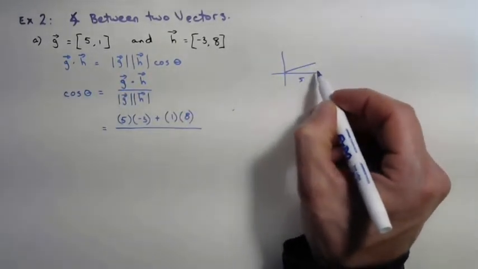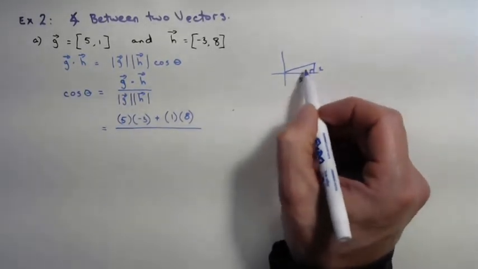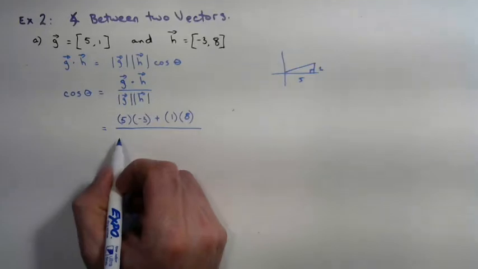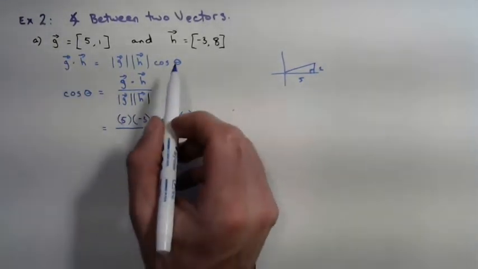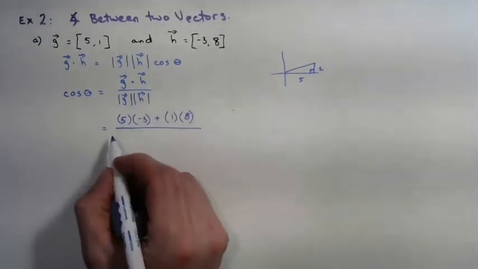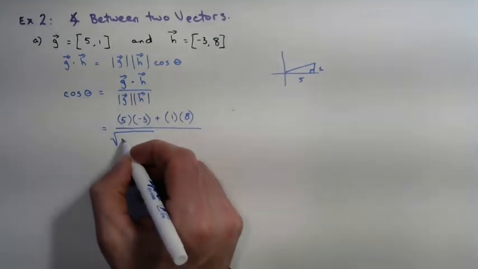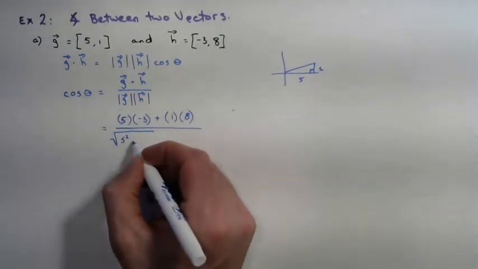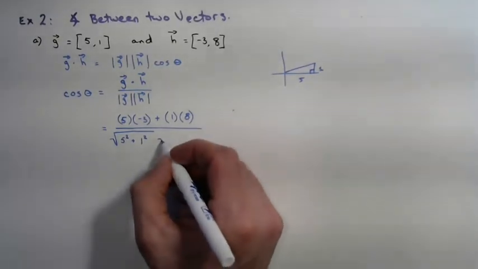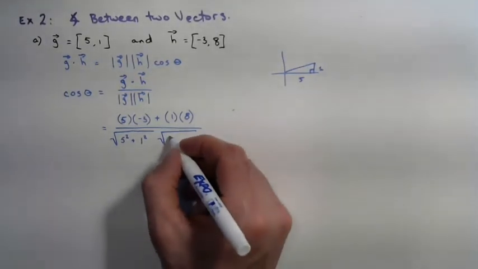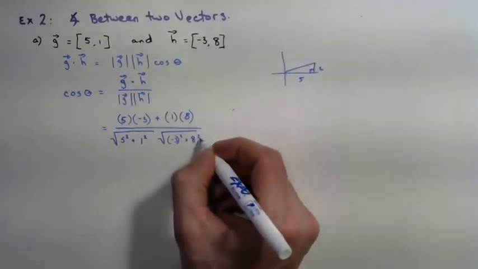That means this is 5, this is 1. Pythagorean theorem, a squared plus b squared equals c squared. Okay, we're going to do that for g, for the magnitude of g, and then the exact same process for the magnitude of h. So in this denominator, we're looking like the square root of 5 squared plus 1 squared times the square root of -3 squared plus 8 squared.